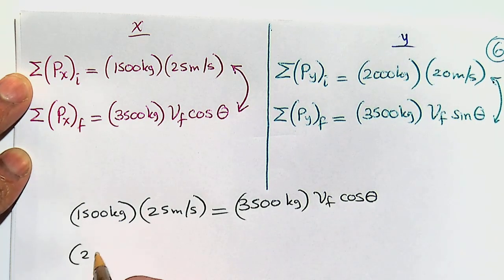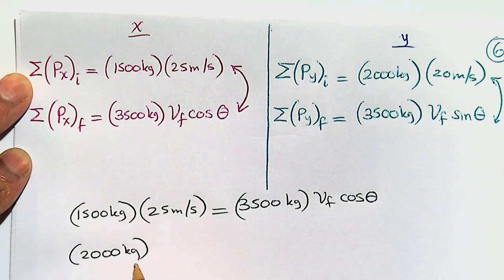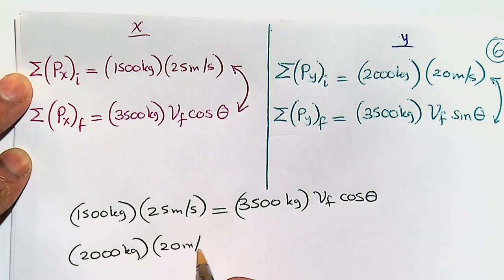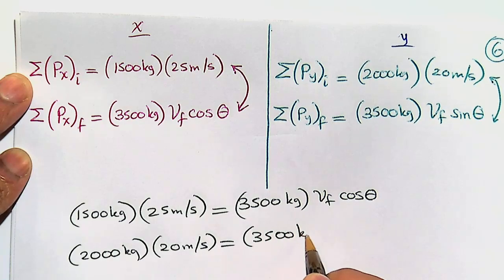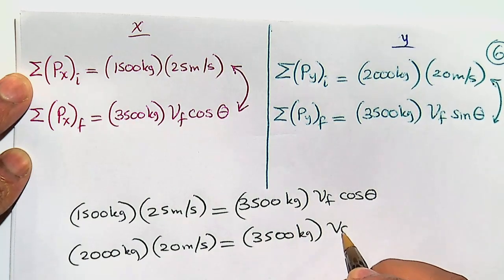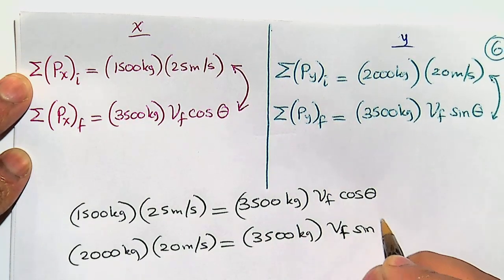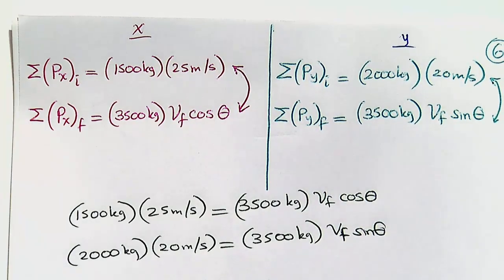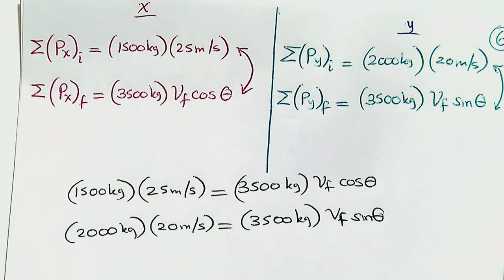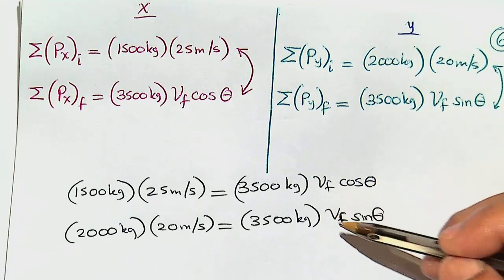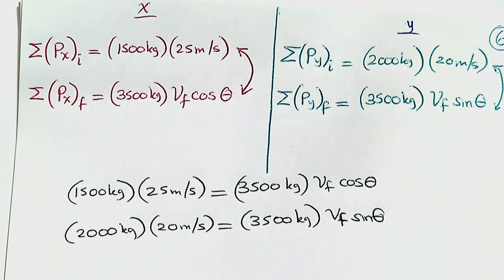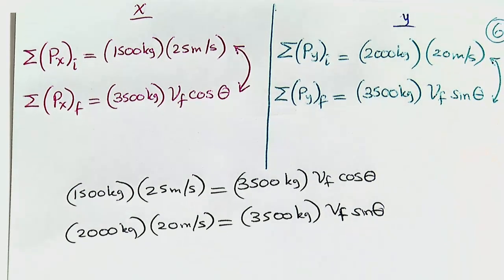We're saying 2,000 kilograms, 20 meters per second is equal to 3,500 kilograms Vf sine of theta. Right? So two equations, two unknowns. Vf is unknown, the magnitude of the final velocity, we don't know what that is. And the angle, we don't know what that is. Two unknowns, two equations, perfect, we can solve it.